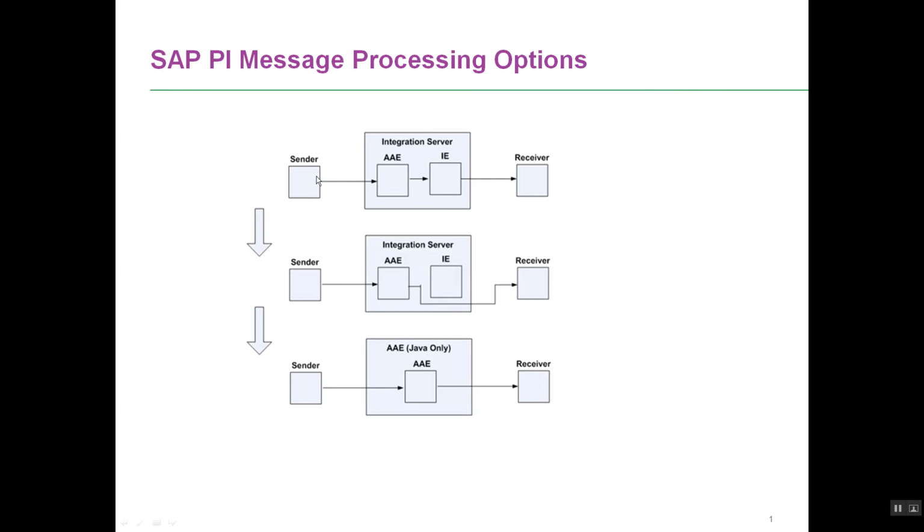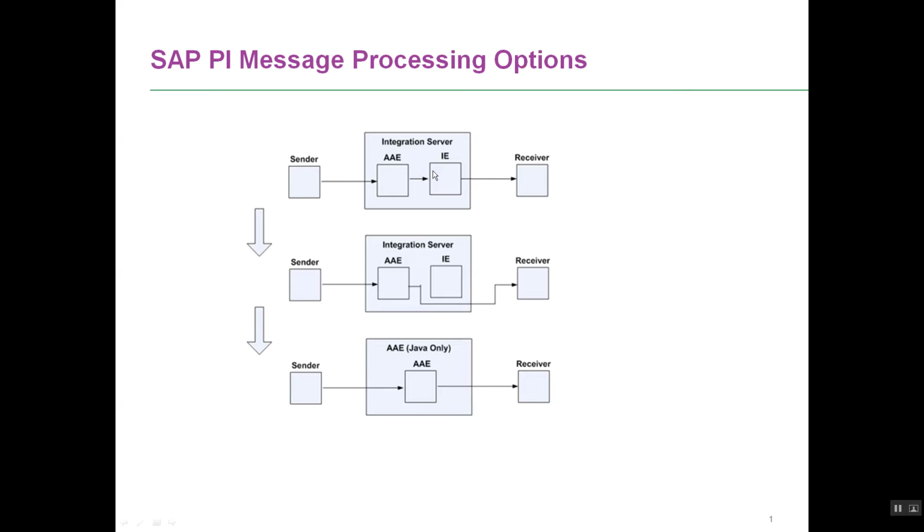What do we mean by that? Our sender adapter would pick up the message. The sender adapter runs on the advanced adapter engine, so the file adapter, the IDOC adapter, the SOAP adapter, the HTTP adapter, all of them were running on the adapter engine. The message would be picked up by the adapter engine, and then forwarded to the integration engine, which in turn would execute the pipeline of PI.